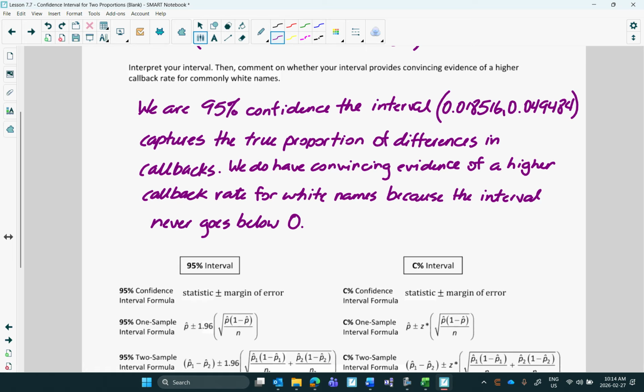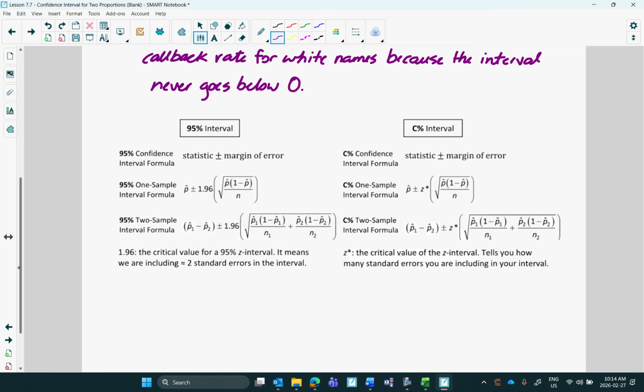What's below is just a summary of confidence intervals for a 1 sample and a 2 sample.